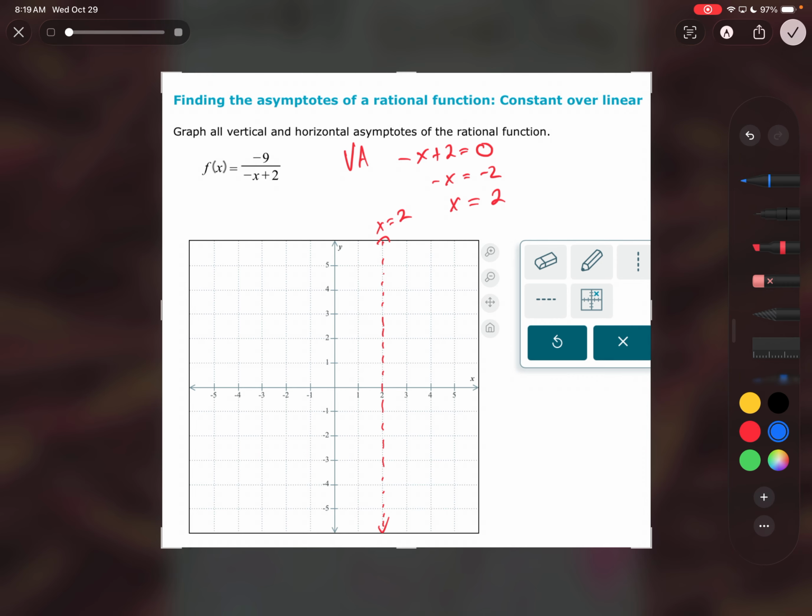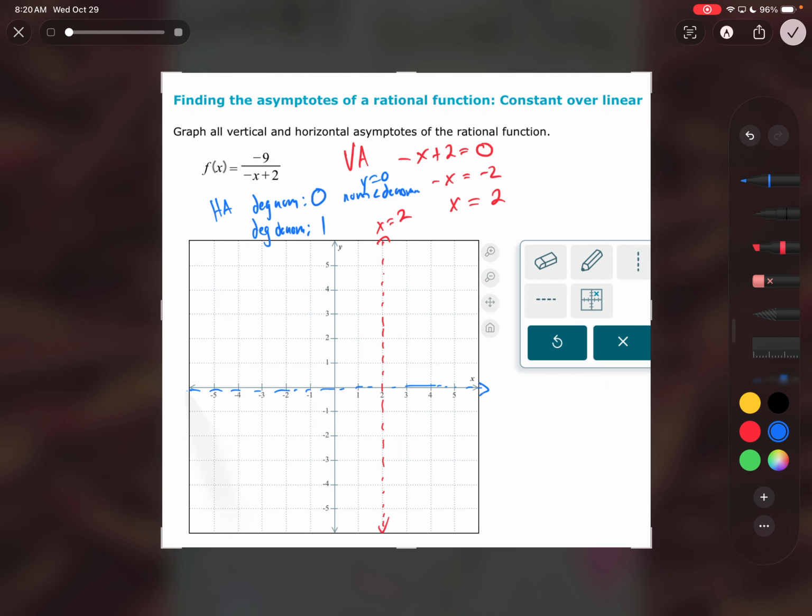My horizontal one. For the horizontal asymptote, the degree of the numerator is 0, right? There is no x. The degree of the denominator is 1. So the numerator is less than the denominator. When it's less than, it's always y equals 0.